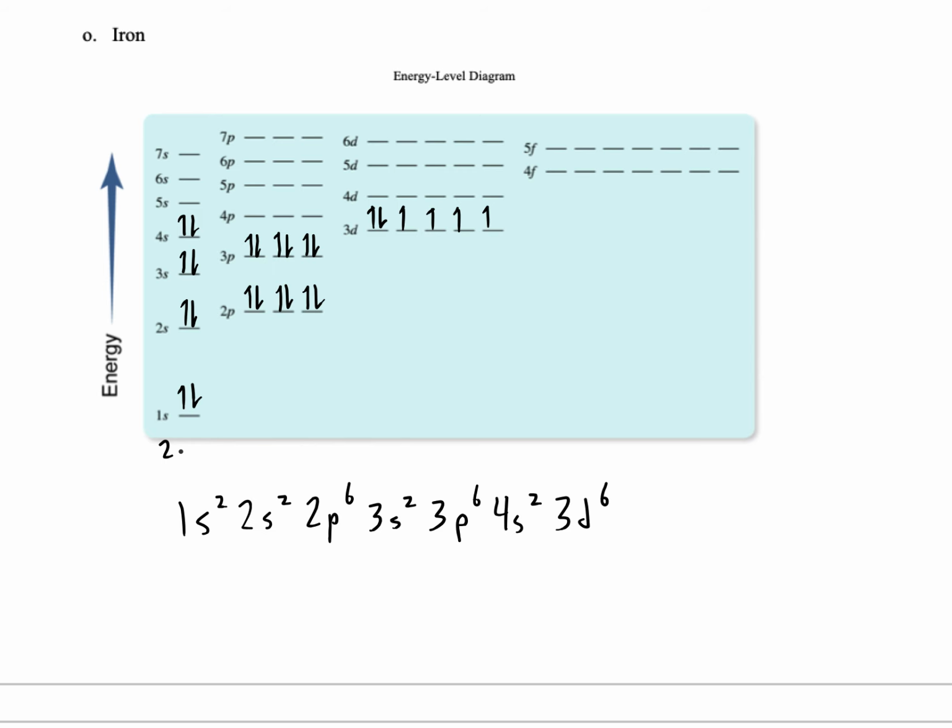So 2 electrons max in each of these. We can have 6 electrons max. Here we can have 10 electrons max, and here we can even have 14.